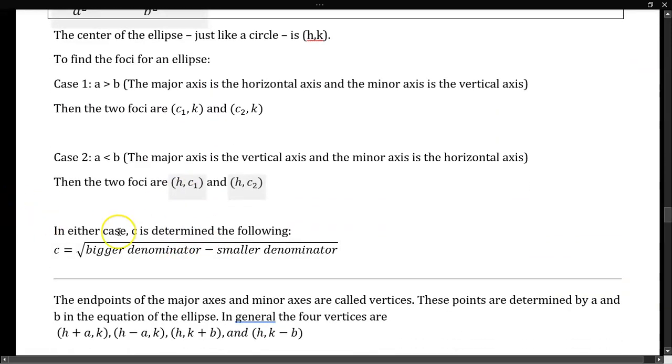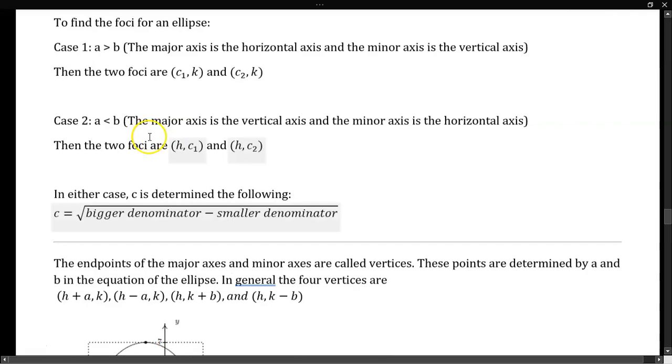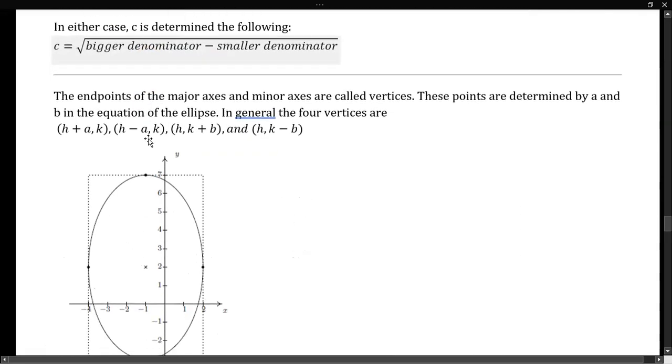In either case, when you're finding C, your foci, C is just going to be the square root of the larger denominator minus the smaller denominator. And again, make sure you're putting in the square root of this number, not the number that is in the denominator. So we'll see that as we get started.